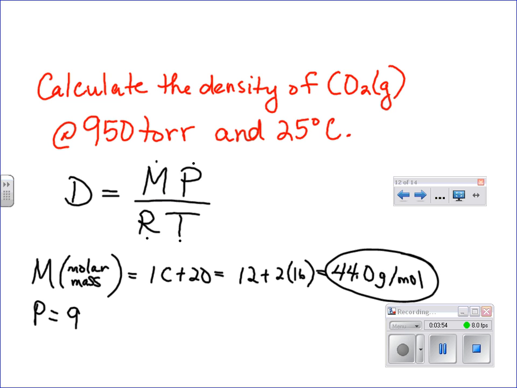It's 950 torr, but I think we're pretty adept now that we cannot leave an answer for pressure in units other than atm. So 1 atm is 760 torr. That's our conversion. So when we do that math, 950 divided by 760, and we get, with two sig figs, 1.3 atm.